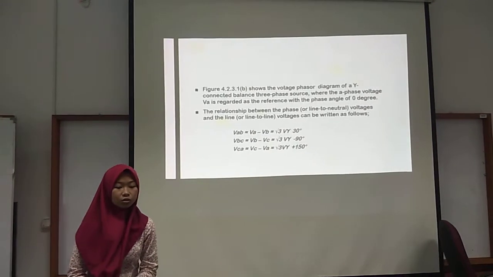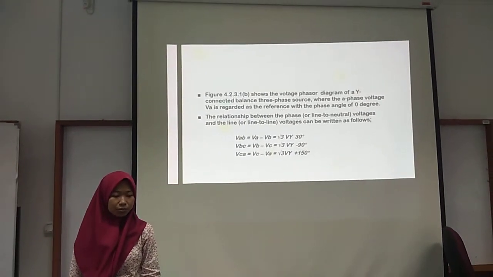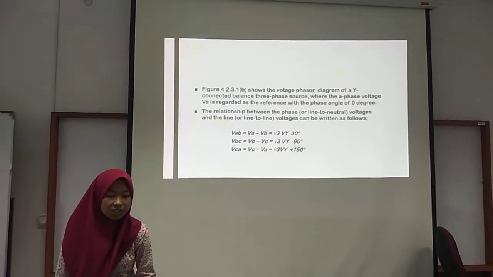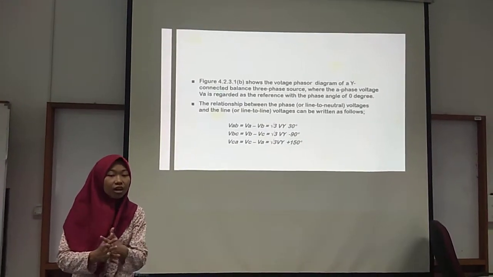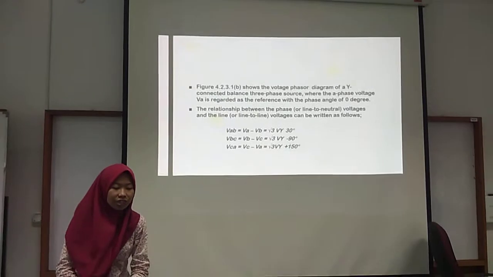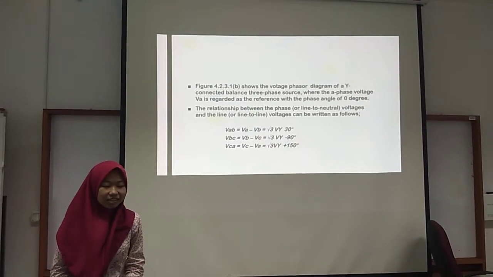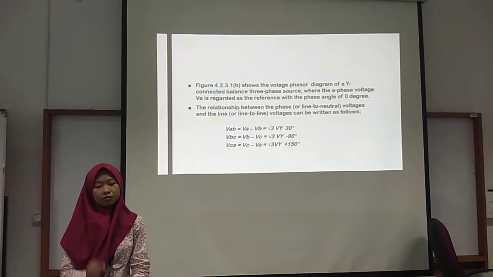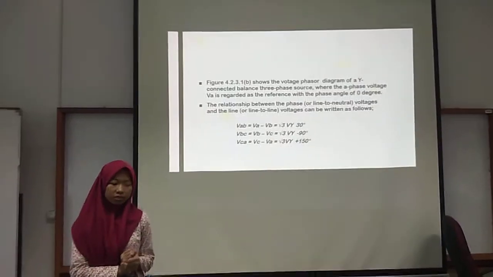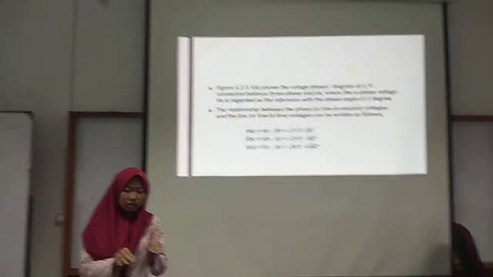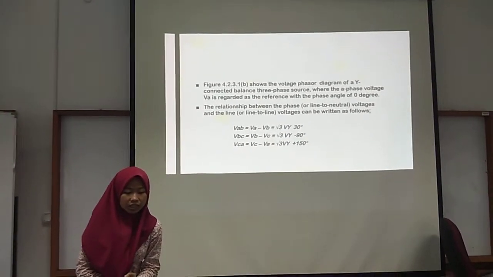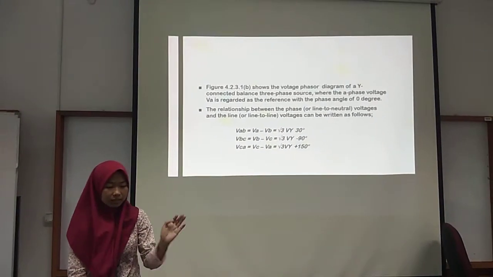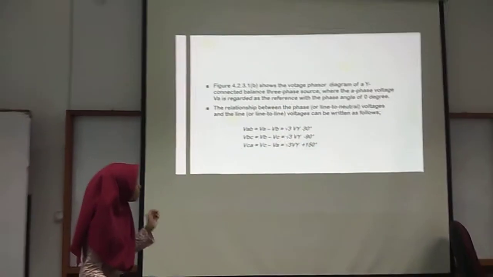Figure 4.2.3.1b shows the voltage phasor diagram of a Y-connected balanced three-phase source where the phase voltage VA is regarded as the reference with the phase angle of 0 degrees. The relationship between the phase or line-to-neutral voltage and the line or line-to-line voltage can be written as follows. VAB equals VA minus VB.